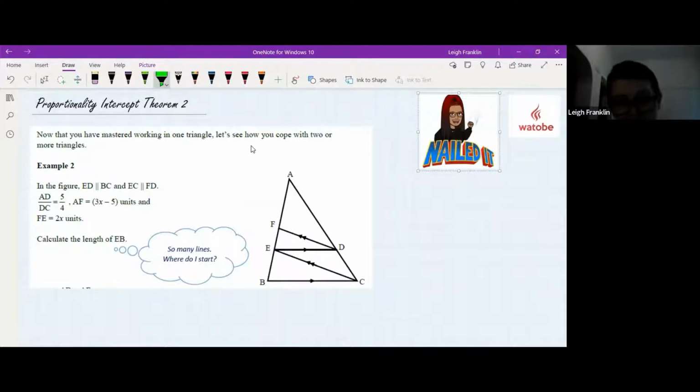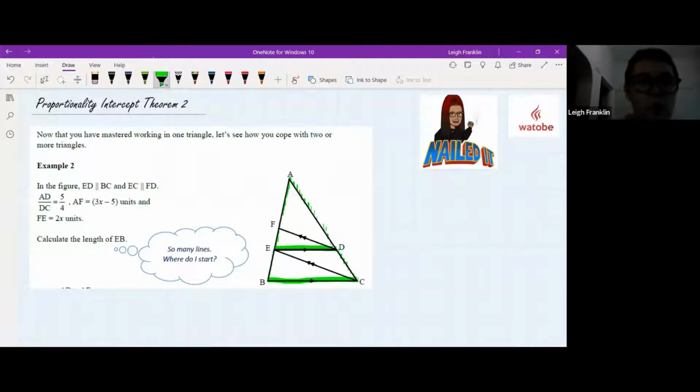Line ED is parallel to line BC, so the sides that have been cut into proportions are AE over EB, which would be equal to AD over DC.